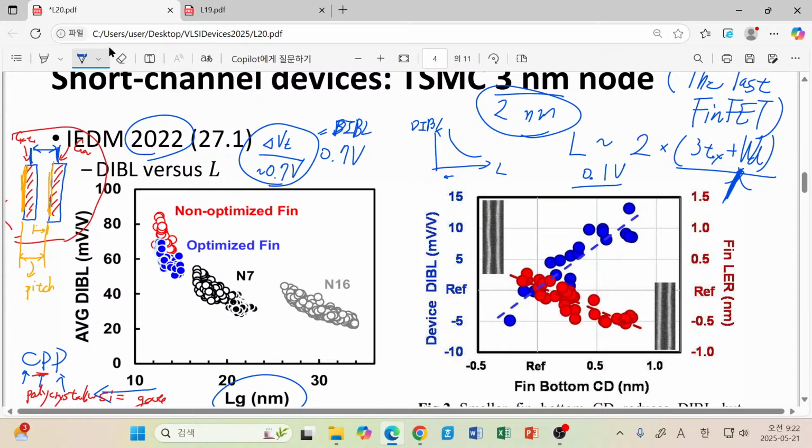Anyway, CPP is the most important one to determine the area of a certain logic gate, because when we try to make inverters or NAND gates or something like that, we have to place NMOSFET and PMOSFET, and we need many of them.